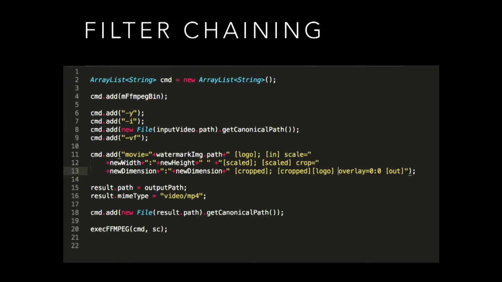And here I'm just passing in the command line commands here. So -i is the input file, and the -vf is for the filter chain. And then I specify the filter chain. I also specify the output path of my processed video.